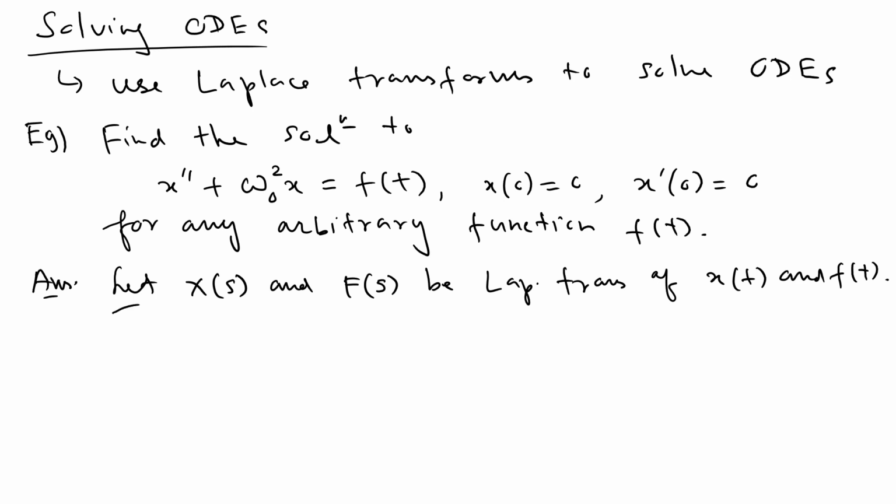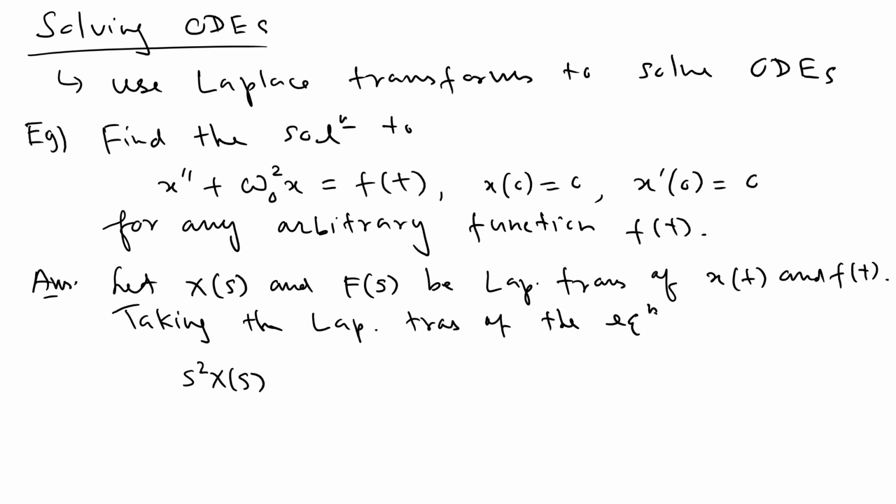So now, taking the Laplace transform of the equation, we have s squared X(s), and all the initial conditions are 0, so they're going to go away. So you simply get omega naught squared, which is a constant, times X(s), equals F(s).